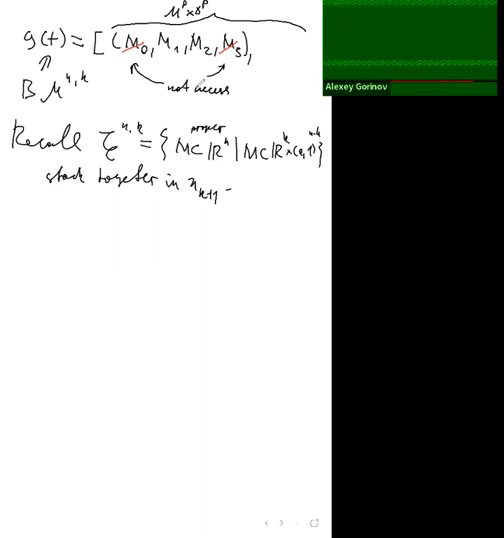They do not necessarily belong to M N K. For M3, the k plus first coordinate may be very, very large, and for M0 it may be very, very small.